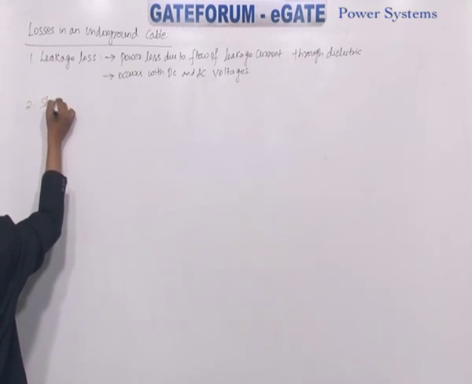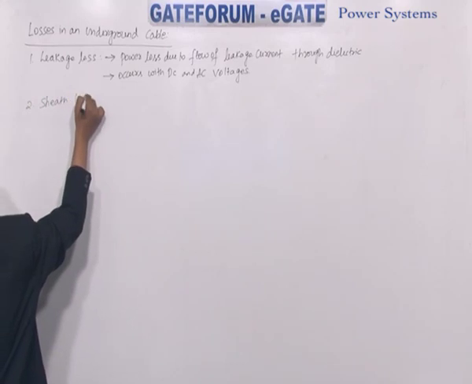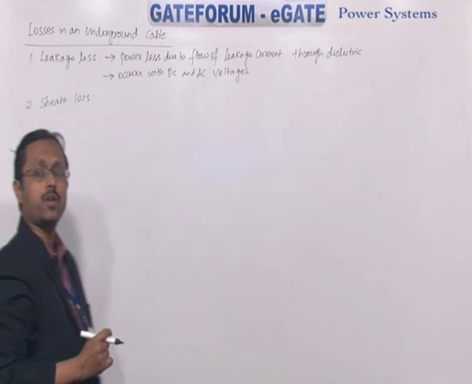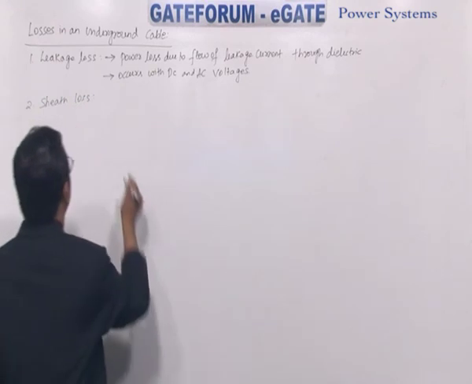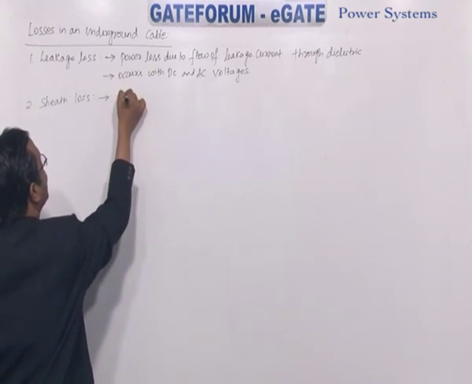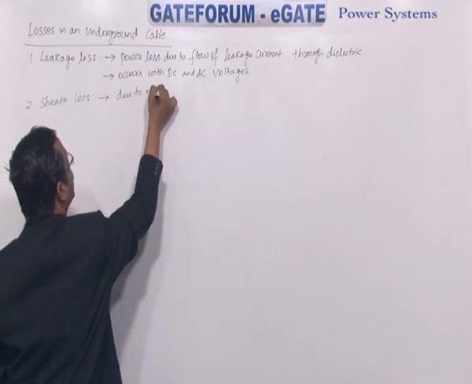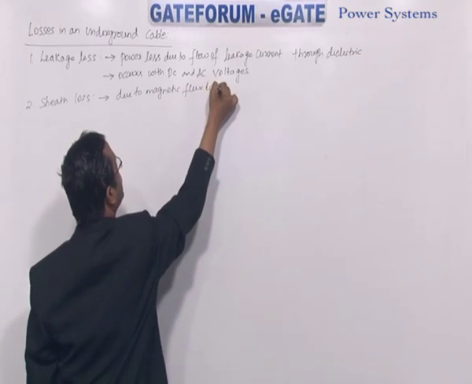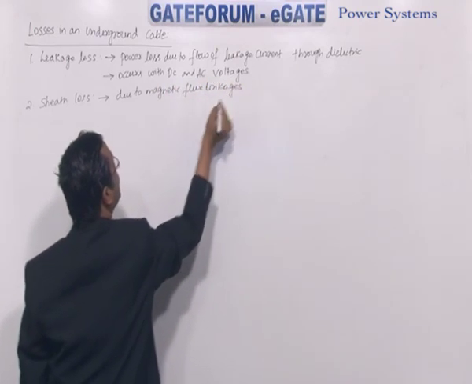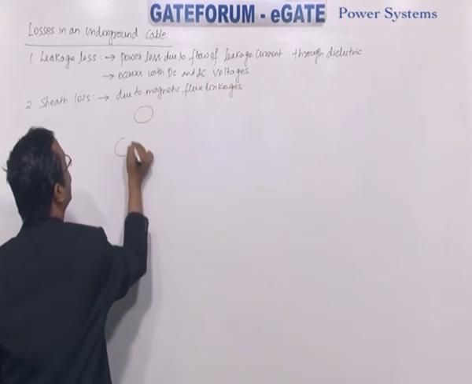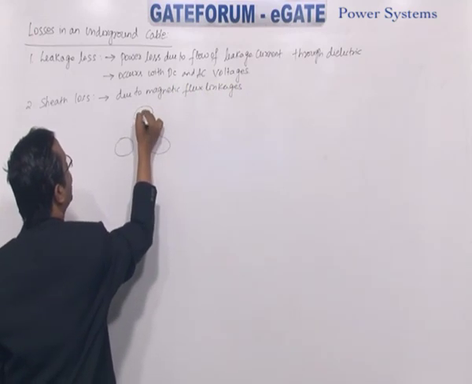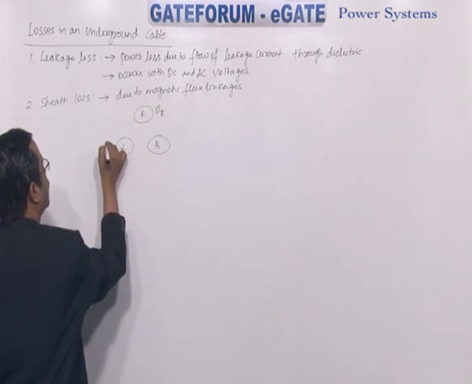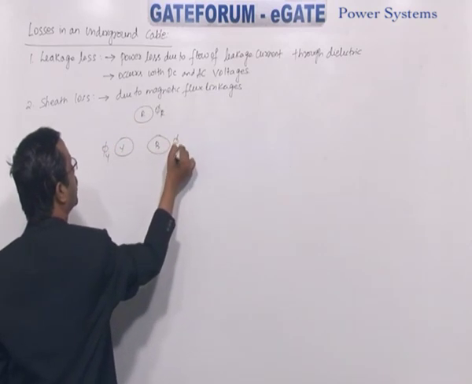Now next we come across the sheath losses. Now when you analyze the 3-core cable, why the sheath losses occur? Due to the magnetic flux linkages. In a 3-core cable, we have their corresponding fluxes, phi r, phi y, phi b.